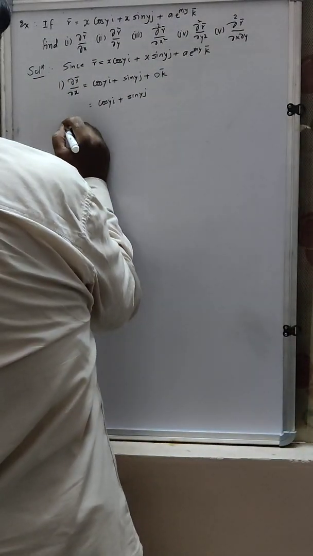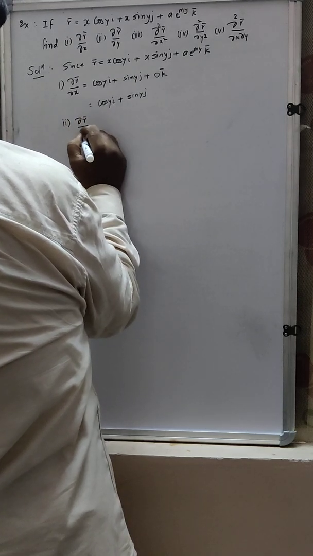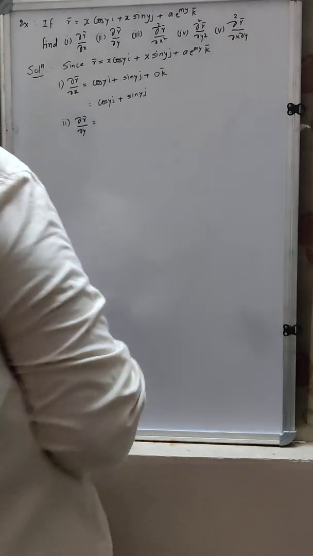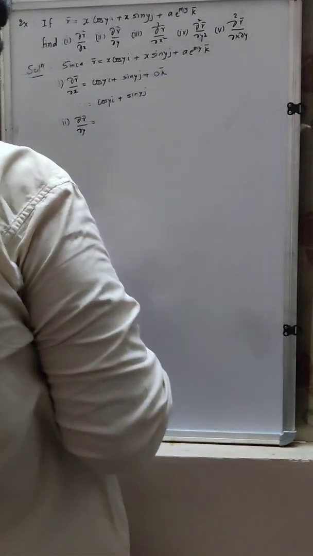Second, ∂r vector by ∂y. Differentiate r vector with respect to y.